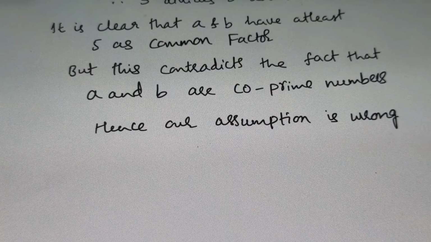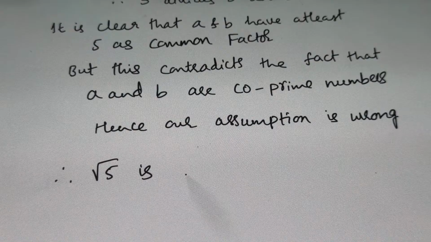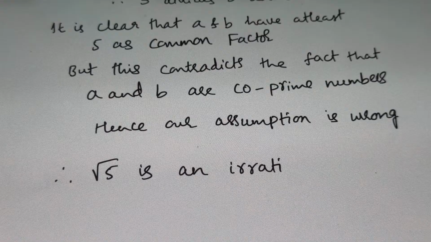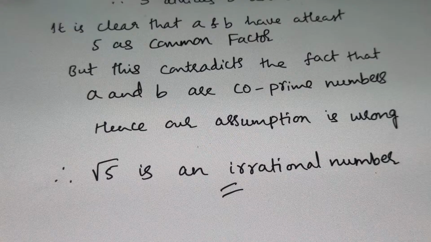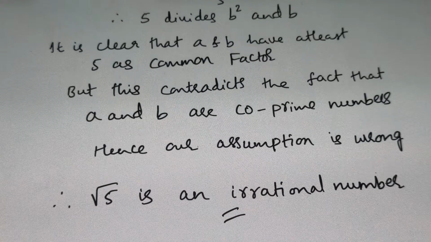Therefore, root 5 is an irrational number. So this is the thing we needed to prove. So we have proved. Kindly revise the problem.